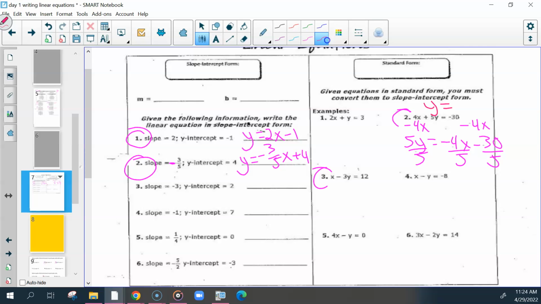This we would just leave as a fraction, -4 over 5x. And -30 divided by 5 is -6. We are converting it from standard form to slope-intercept form. Do we have any questions on that? The next one.